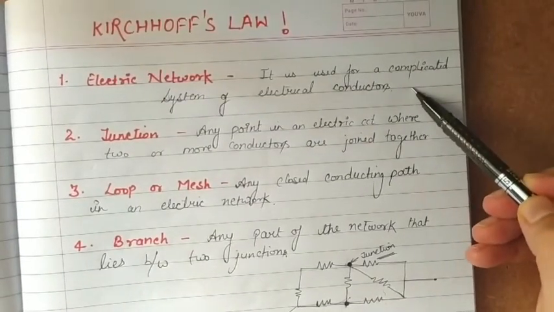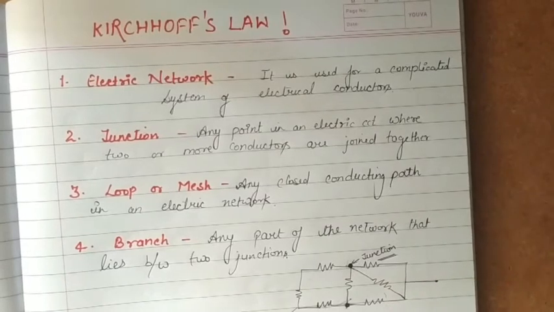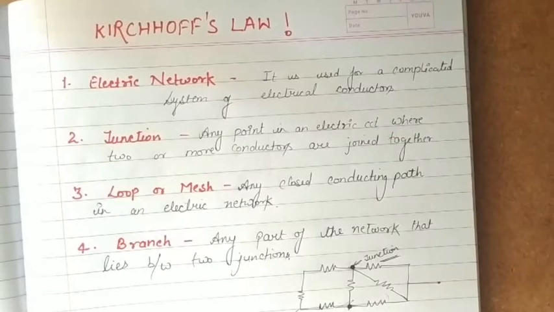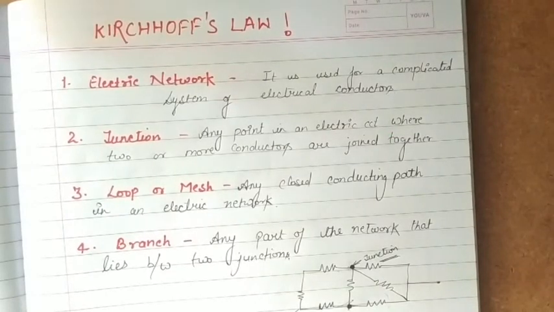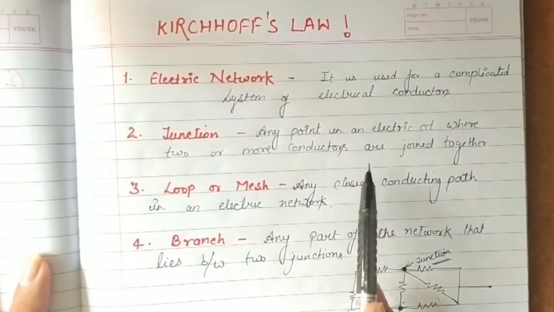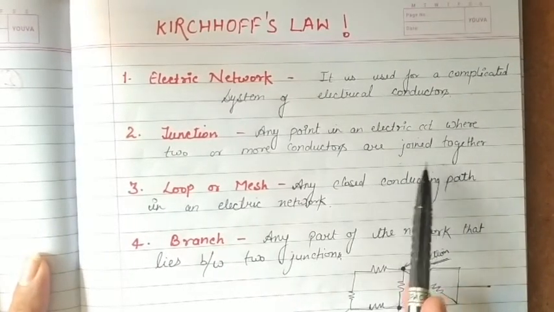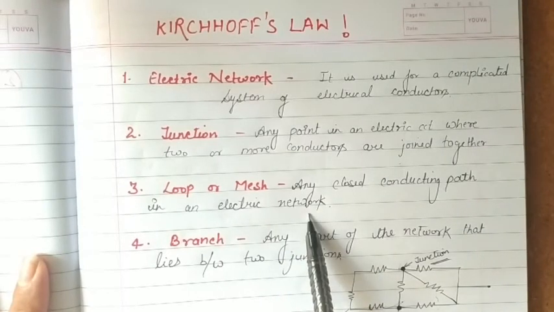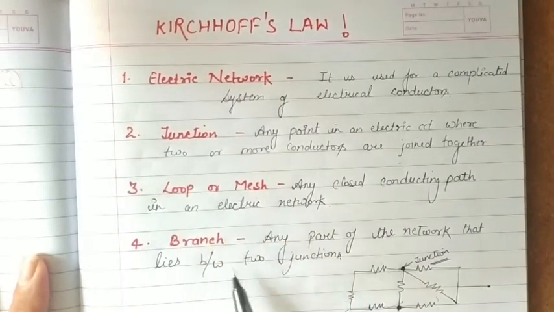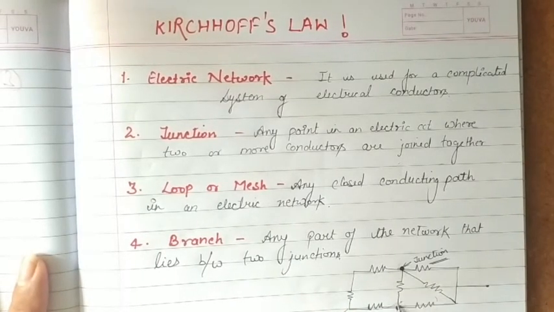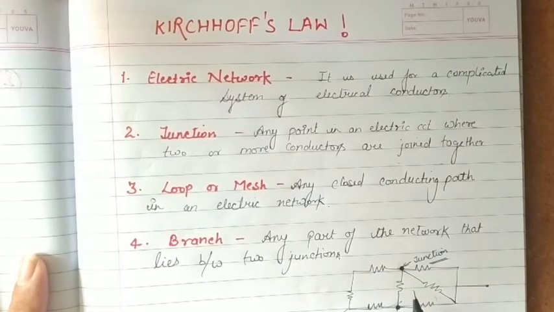Any complicated circuit or a system of electric conductors is called electric network. Junction, any point in an electric circuit where two or more conductors are joined together is called junction. Loop, any closed conducting path in any electric network is called loop or mesh. Branch, whatever part lies between any two junctions is called a branch.